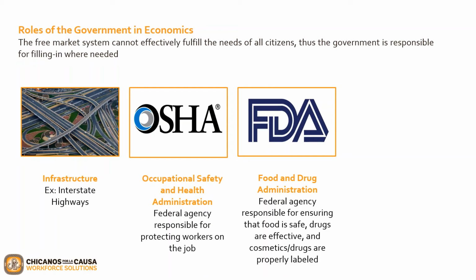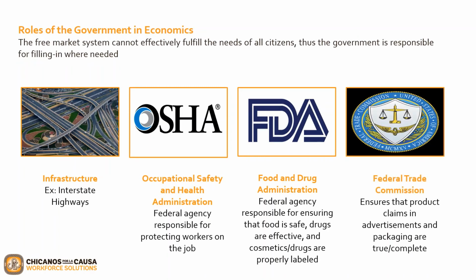It stands for the Food and Drug Administration, which is a federal agency that is responsible for ensuring that food is safe, drugs are effective, and cosmetics or drugs are properly labeled. Lastly, there is the FTC, or the Federal Trade Commission, an entity which ensures that product claims in advertisement and packaging are true and complete.